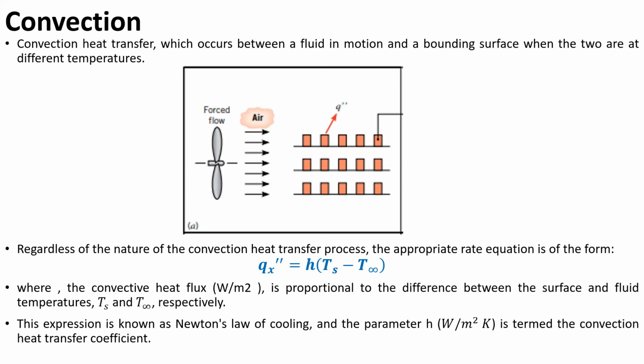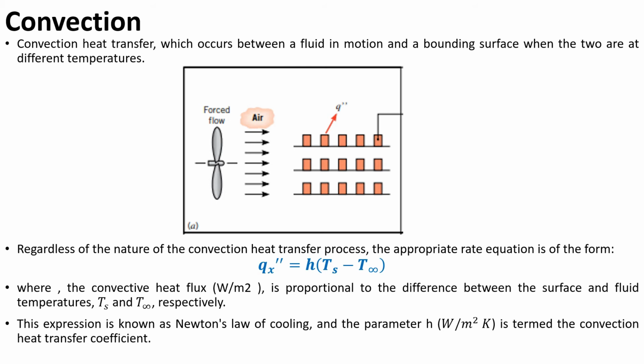When the air particles come in contact with these hot blocks, the particles near these blocks will gain energy, due to which their temperature increases. As the temperature of these particles increases, their density will decrease, due to which they will move upward, and the particles which are at the upside have lower temperature and higher density, so they will move downward.